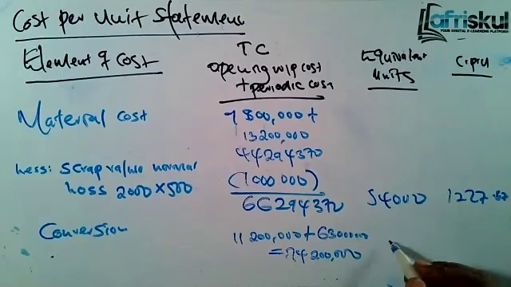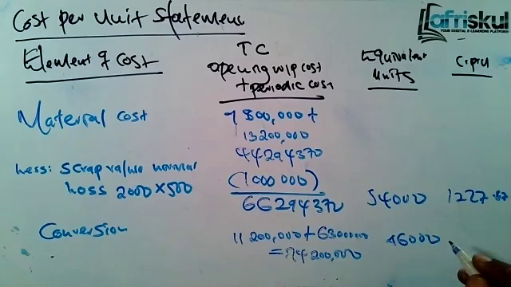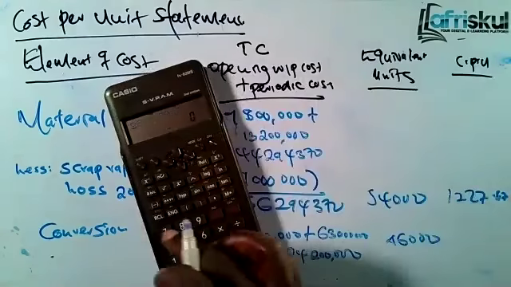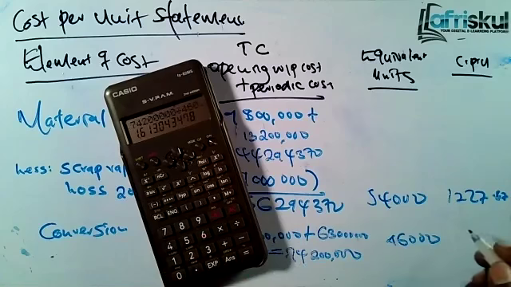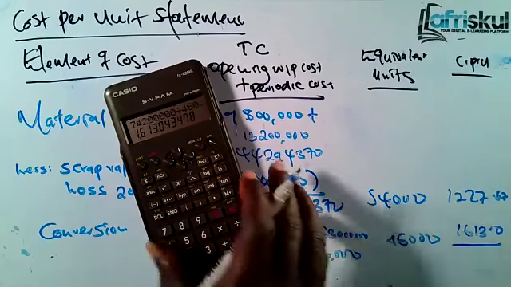You divide by the equivalent units, which is 46,000, and you get 1613.04. And then you get the total.